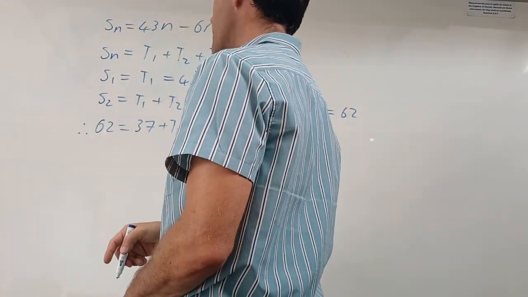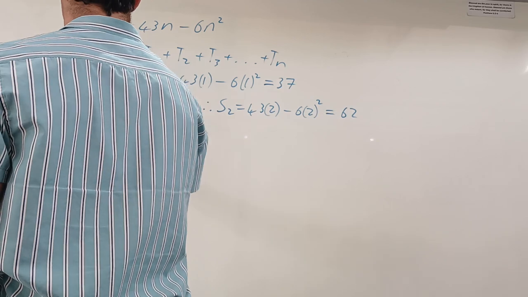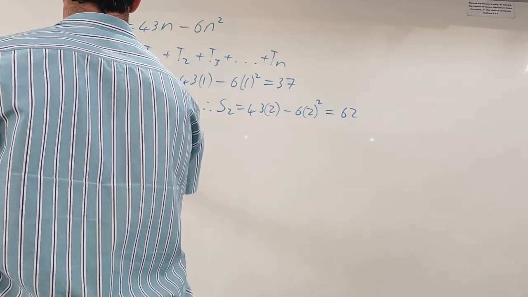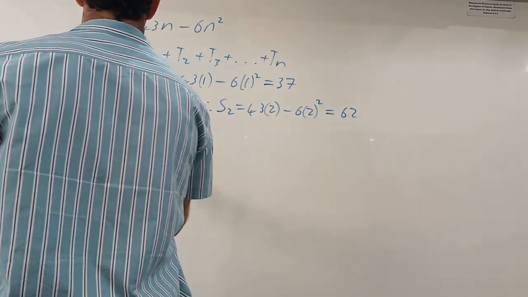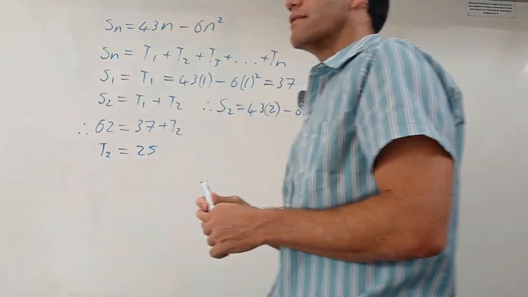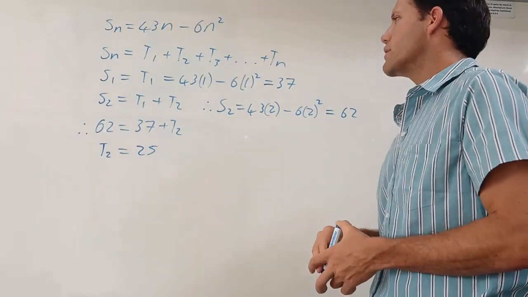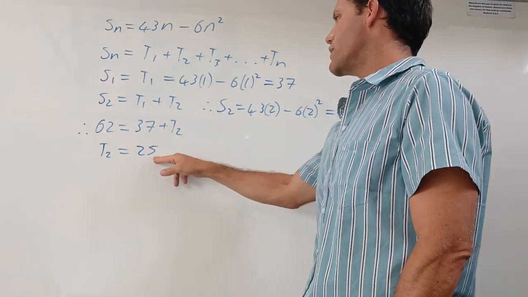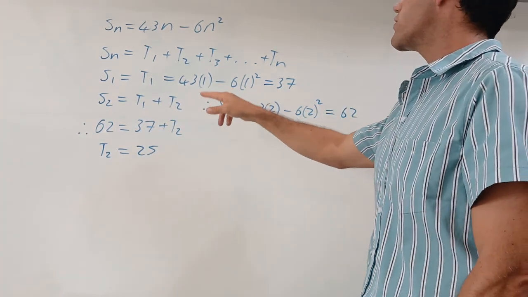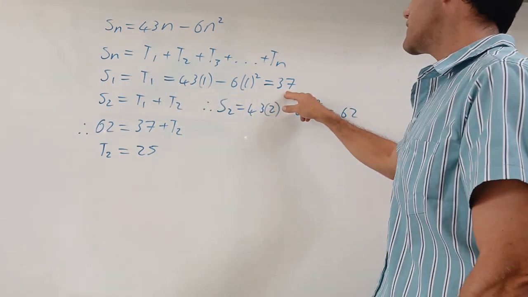Then you can take it over and subtract it. So you can say 62 minus 37. So that means term 2 will be 25. Does it make sense? Okay, so S2 is term 1 plus term 2. So now you know term 2 is 25. You know term 1 is 37.